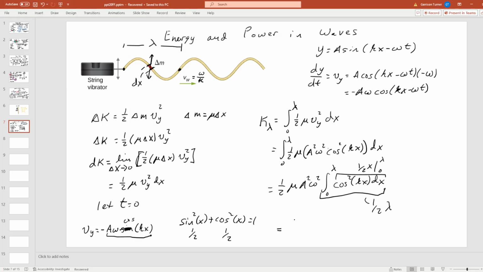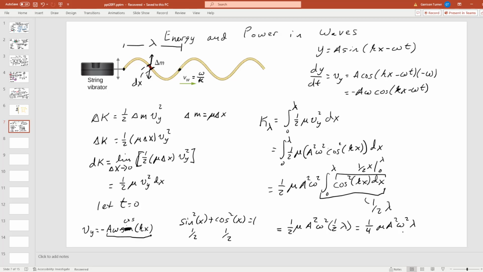So the result is 1/2 mu A squared omega squared times 1/2 lambda, which equals 1/4 mu A squared omega squared times lambda.